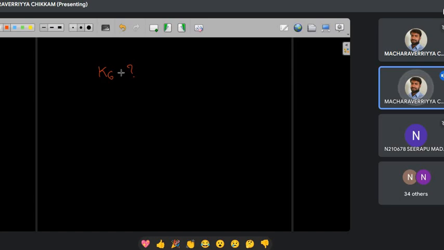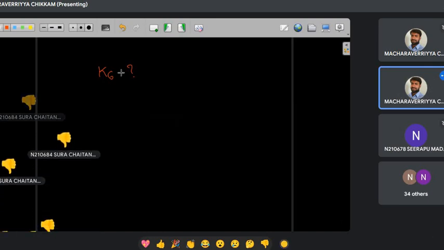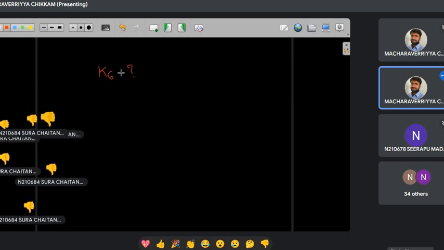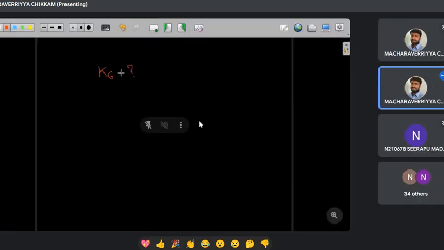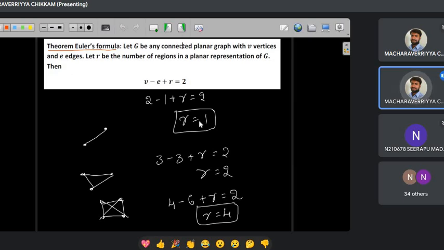Because K5 can be taken as a subgraph of K6. Now what is your answer? Yeah, it is non-planar. So we don't think of K6, but you can think about some other graph with 6 vertices which is planar.